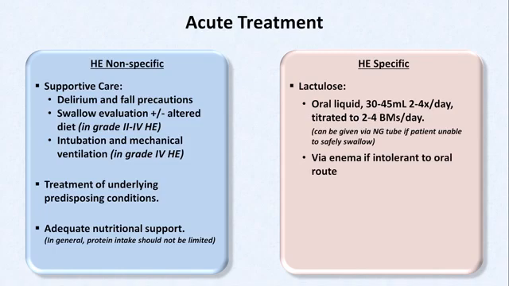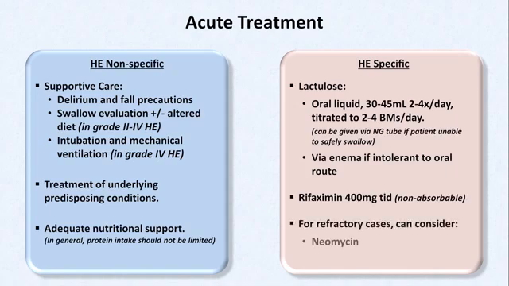Another option is the non-absorbable antibiotic rifaximin, which presumably kills off urease-producing bacteria in the gut, reducing ammonia production. Anecdotally, rifaximin takes much longer to work than lactulose and is probably better for long-term chronic maintenance rather than for treatment of acute exacerbations. This is also true for third-line agents neomycin and branched-chain amino acids.